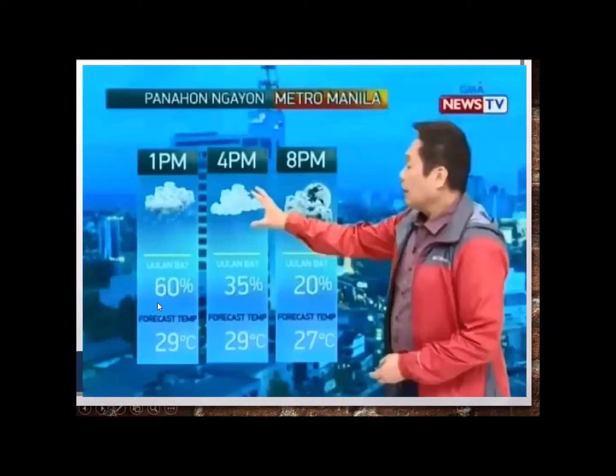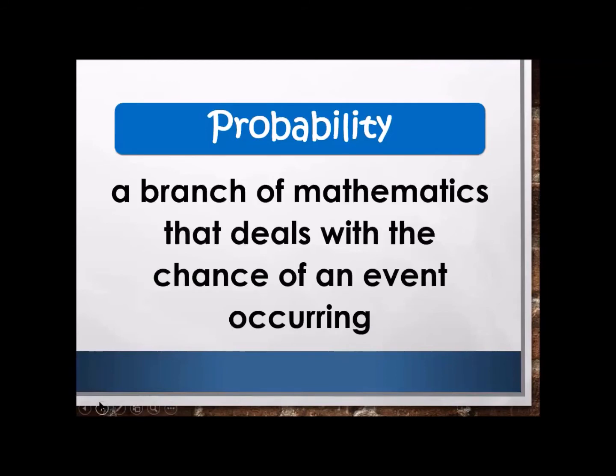In this example, by 1 p.m., daw, 60% that it will rain for the day. By 4 p.m., there is a 35% chance. And by 8 p.m., 20% chance. Now, this is a perfect example of probability because we are talking about the chance of raining for each specific time. Okay? So, what is now probability?